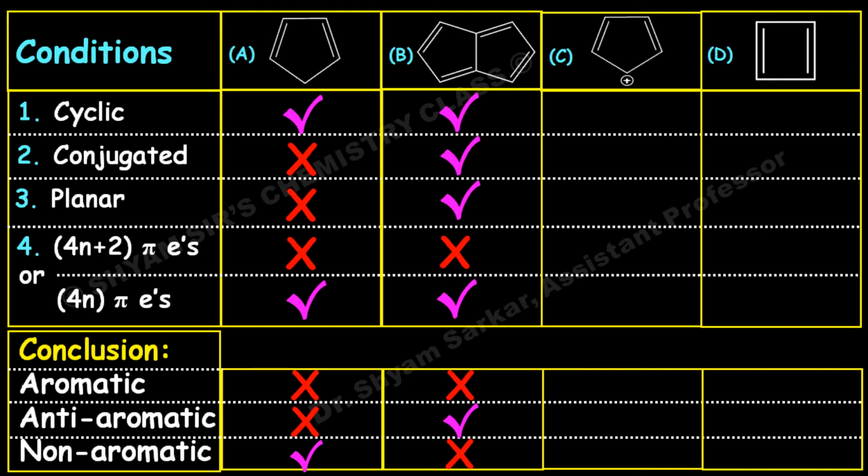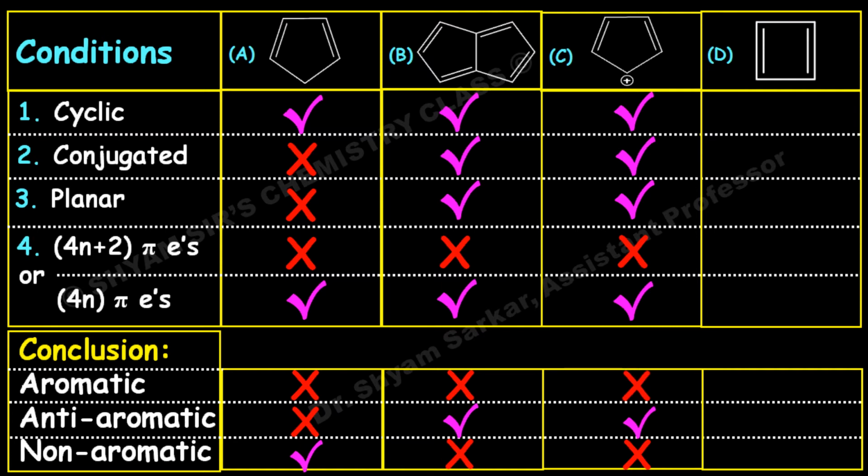Let's move to the next option. This is cyclic, conjugated, planar, and it also follows the 4n pi electron rule where n equals 1. So this is also an anti-aromatic compound. Let's move to the last option. This is cyclic, conjugated, planar, and it follows the 4n pi electron rule where n equals 1. So this is also an anti-aromatic compound.